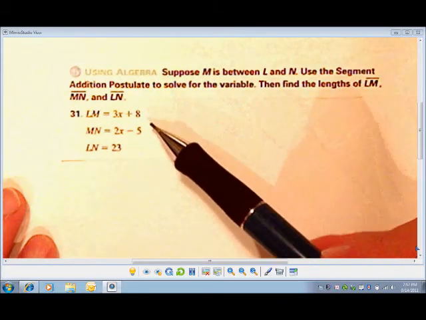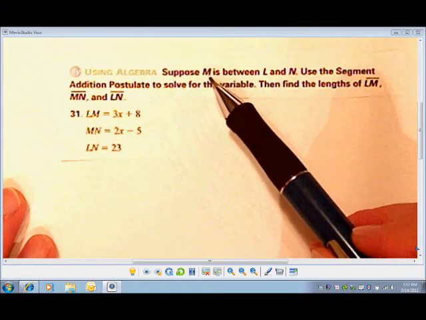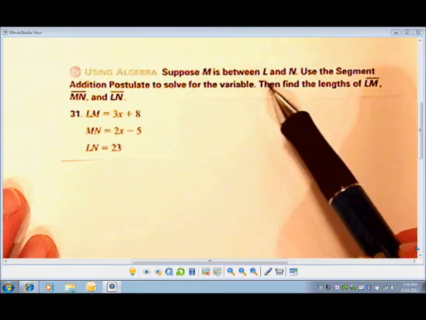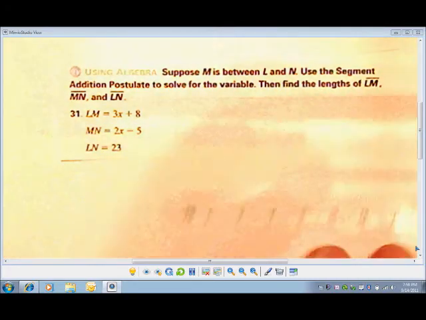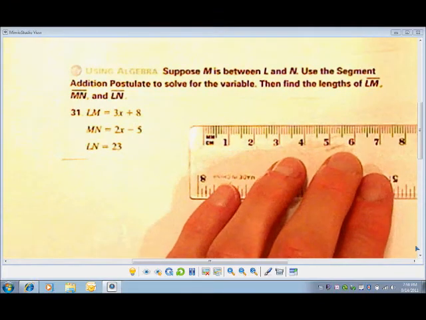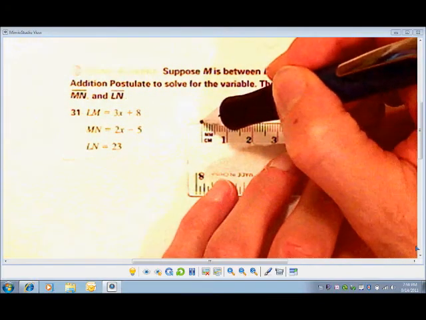Before we even begin to look at this, though, we have to look up here. Suppose M is between L and N. So what I want to do before I even begin to try to solve that problem is draw a line segment.